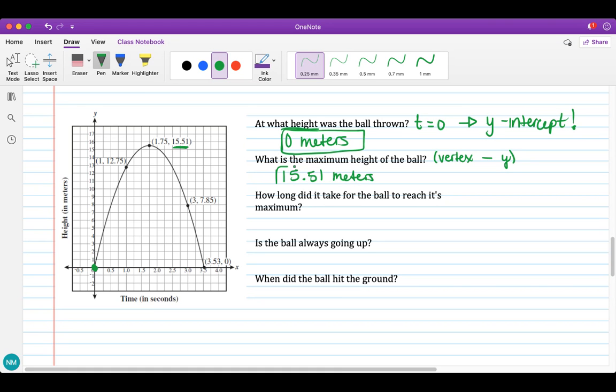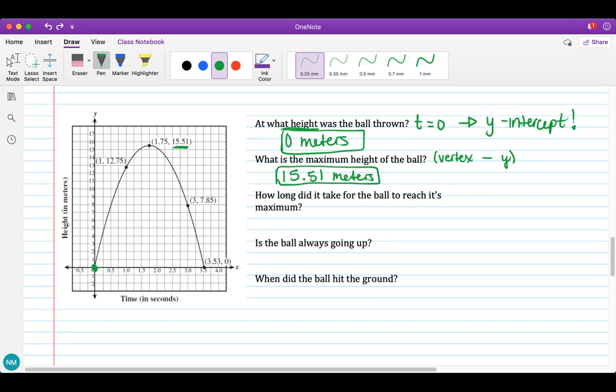That is the maximum height. Keep in mind, the reason it's the maximum height is because it's never going to go further. It's going to reach its peak, then go back down. It is not the maximum time because look, 1.75 seconds is not the maximum time because right here we reach 3 seconds and that's bigger. Maximum means it can't go any higher. The Y value is the only thing that cannot go any higher. This will never be touched.